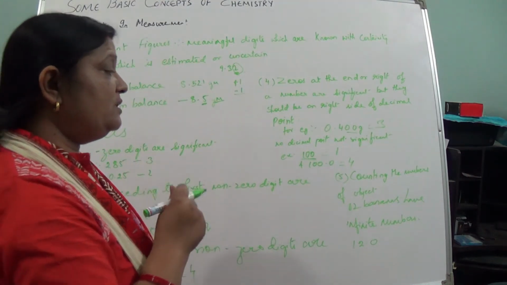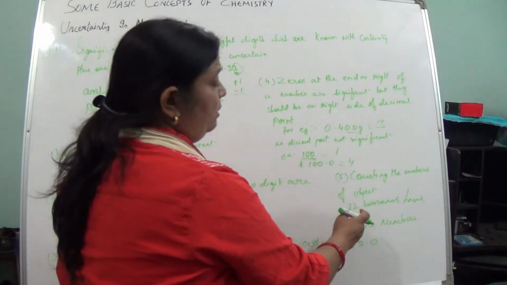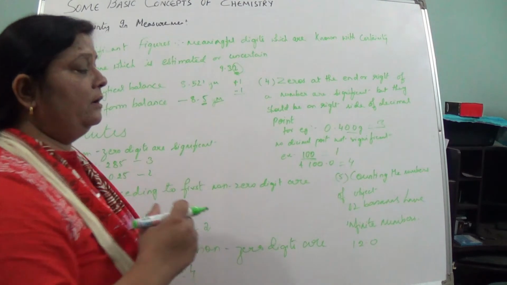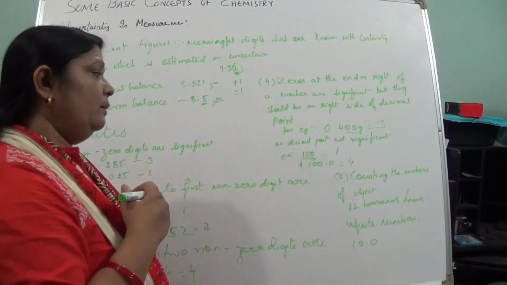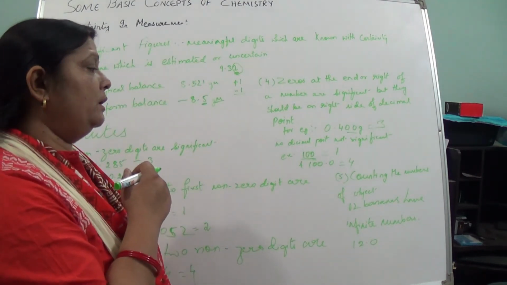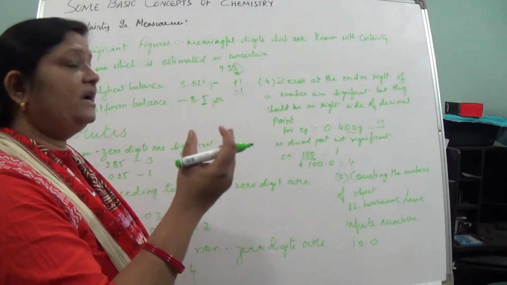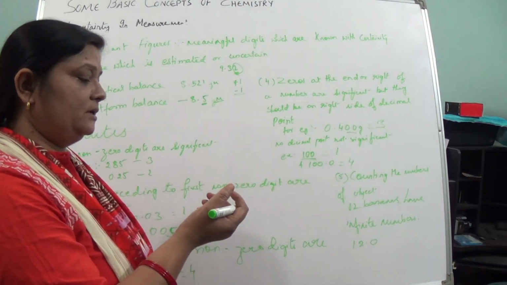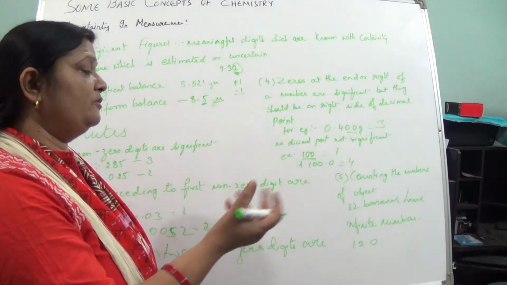Okay, counting the numbers of the objects. Like we say 1 dozen bananas or 12 bananas, or 2 balls, or anything you can say which can be just measured in terms of numbers.